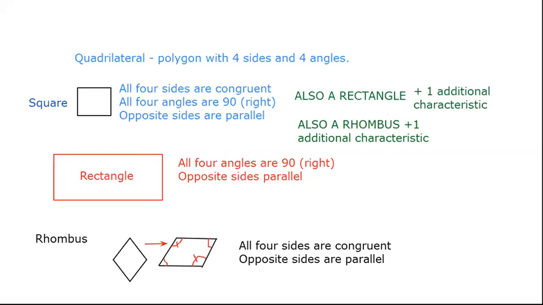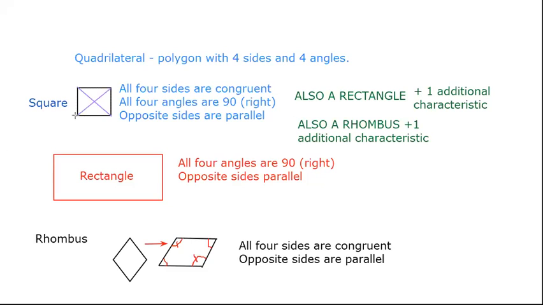Now let's talk about something in squares and rhombuses called a diagonal. So the diagonal is what divides a parallelogram into two congruent triangles. The diagonal is the thing that goes across the middle. And there are two, 1 and 2.